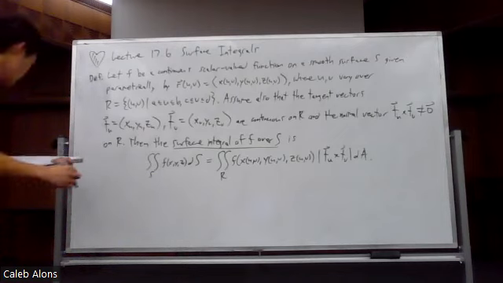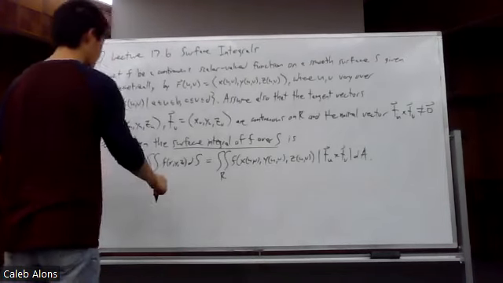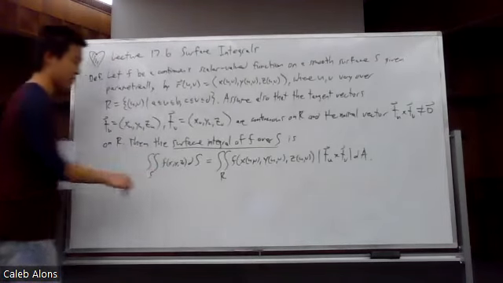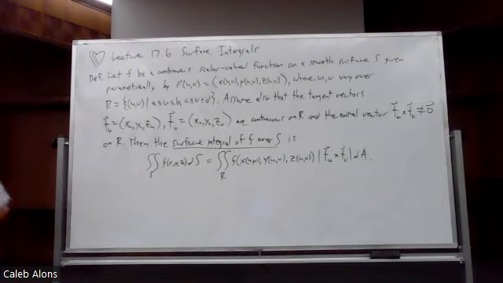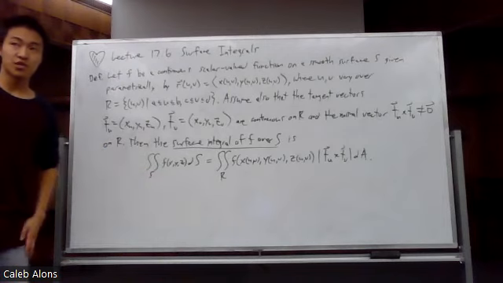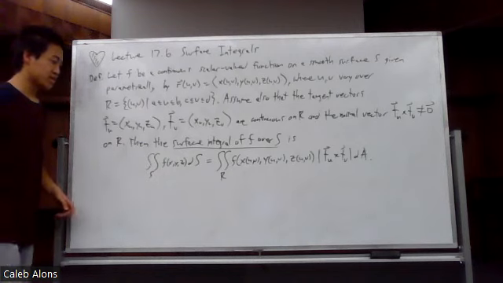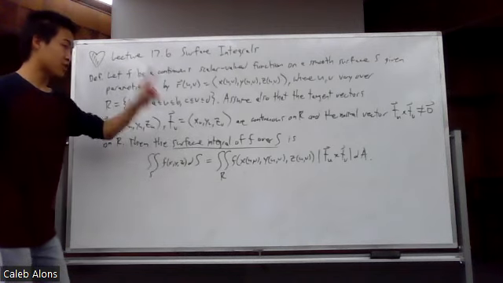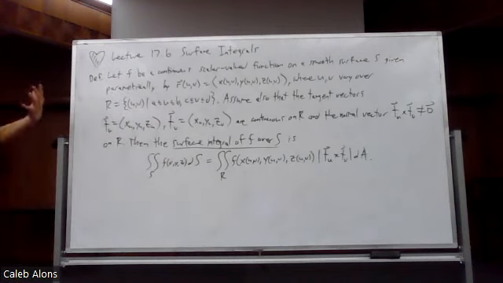Okay. If the function here is just one, if the integrand is just one, then that's just giving the surface area. So if I want the surface area over the parameterized surface, I would just change f to just be one, and then integrate.